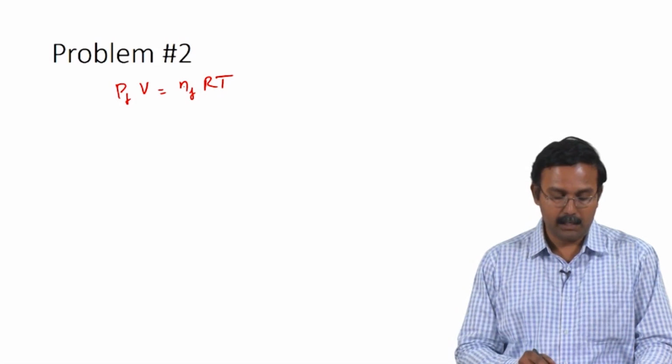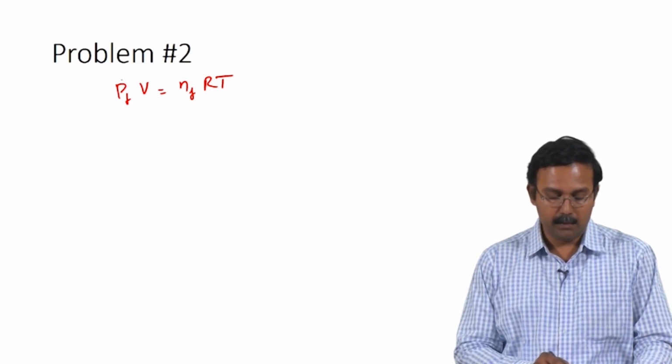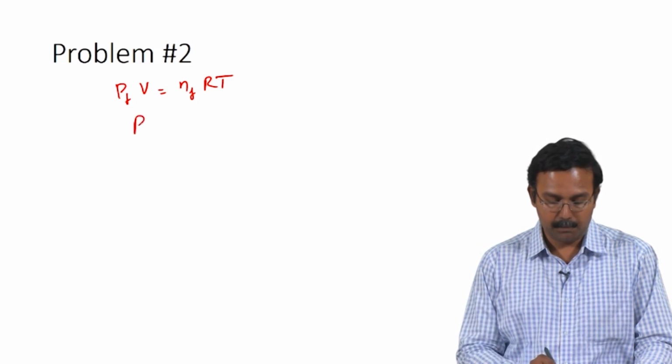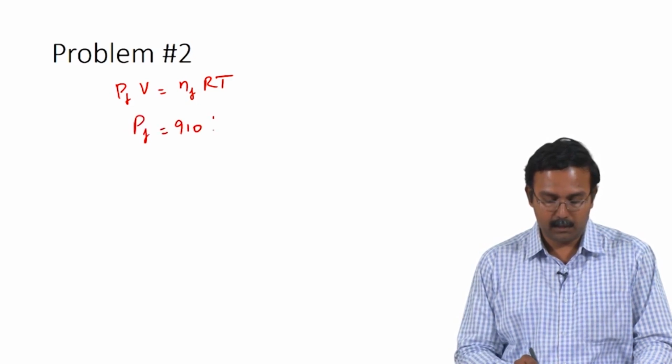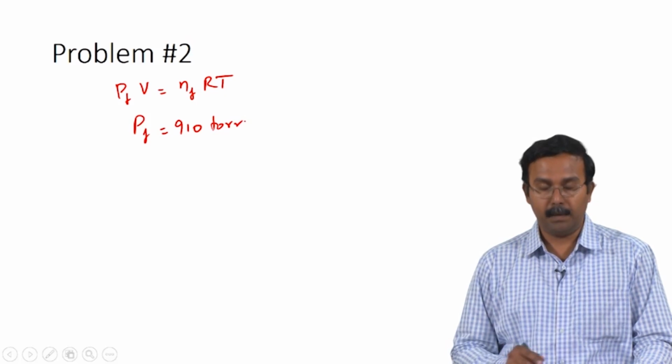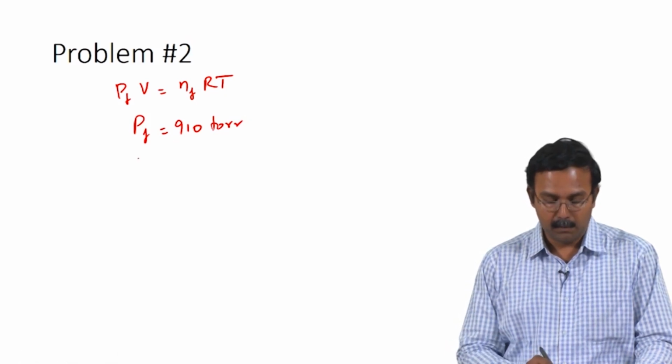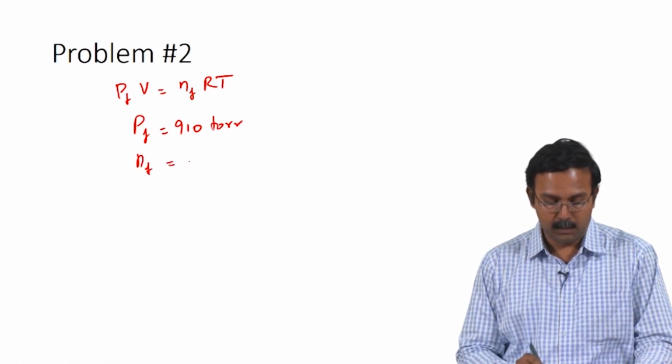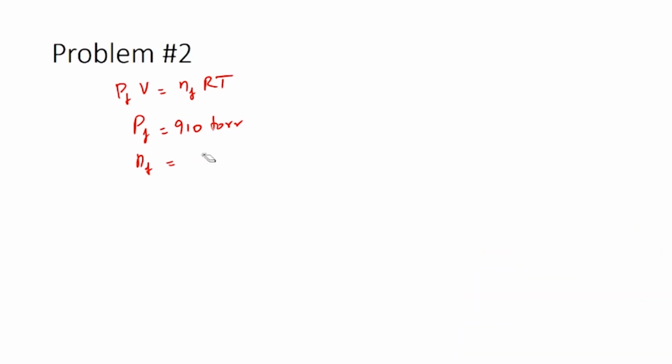So, we can calculate N final from here, and we know the final pressure P final is 910 torr. So, we can convert this to pascals, and from there we will be able to calculate the final number of moles, which would be N final equal to 0.03343 moles. So, from here we can calculate x.